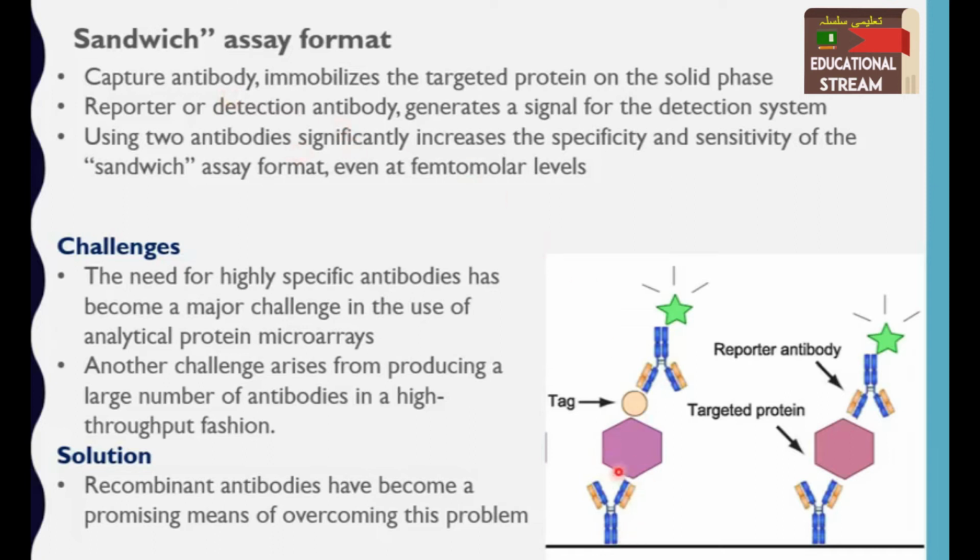One of the antibodies is known as the capture antibody, which immobilizes the target protein on the solid surface. So this is the capture antibody which is immobilized on the solid surface, and this capture antibody binds with the specific protein, while the other antibody is known as the reporter antibody or detection antibody, and this antibody generates a signal for the detection system.